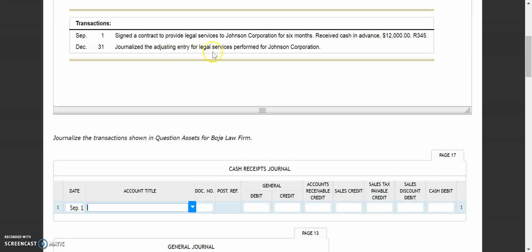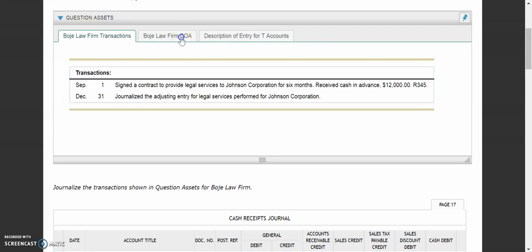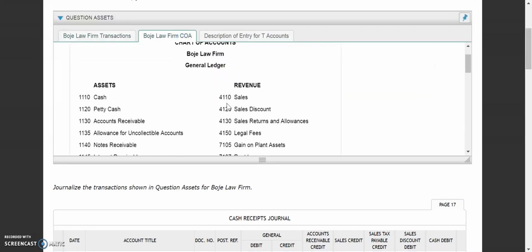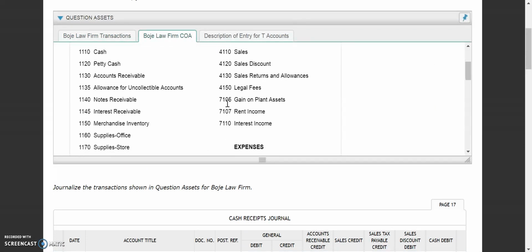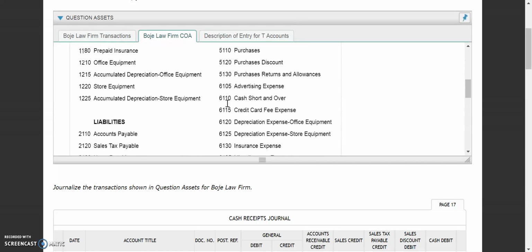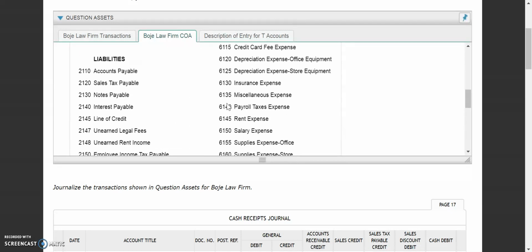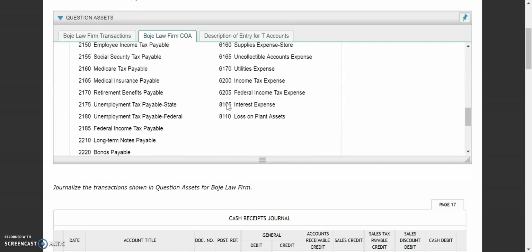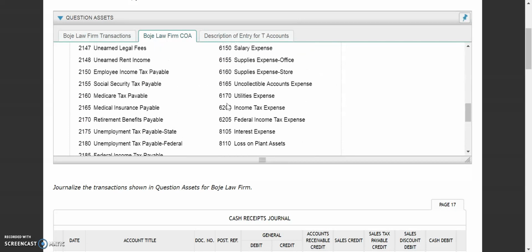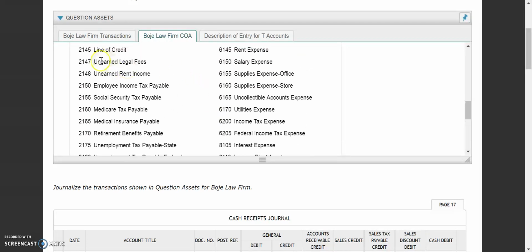And now remember, for Bowie, they're the ones that need to provide these legal services. So if we look at their chart of accounts, I gotta find where we're at here. Here we go.